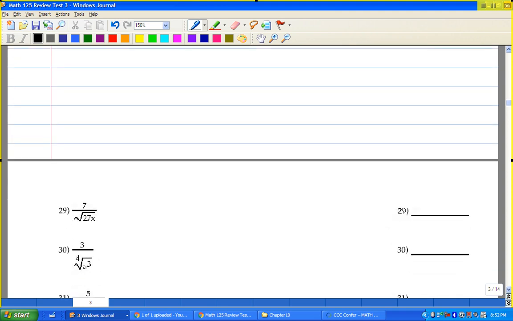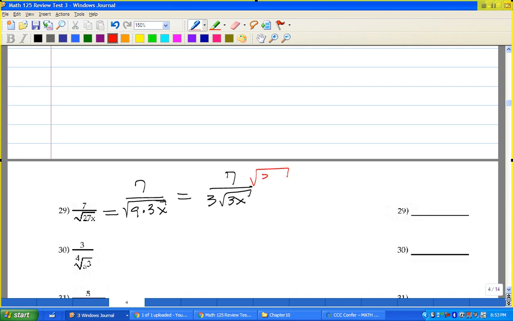Okay, so let me do problem number 29. So this is equal to 7 over rad 27. I can write as 9 times 3. The square root of 9 is 3. And so let's rationalize the denominator. Let me multiply and divide by rad 3x.